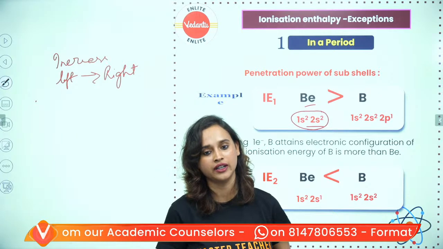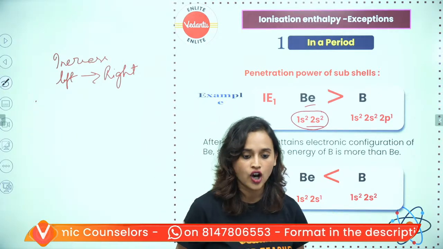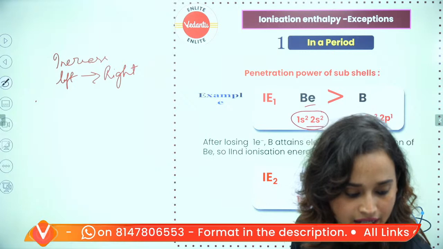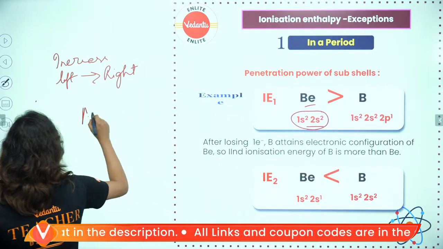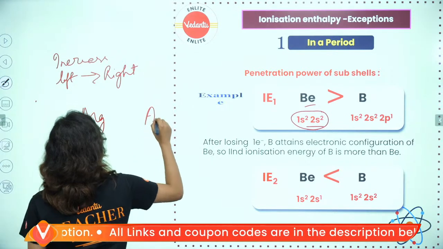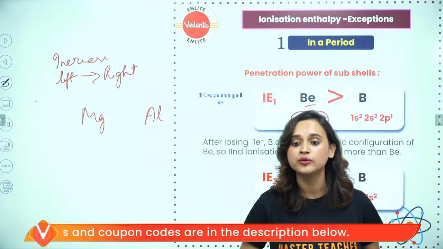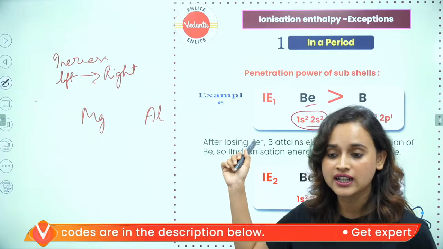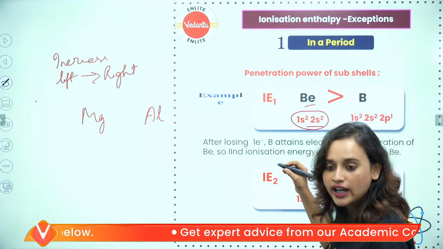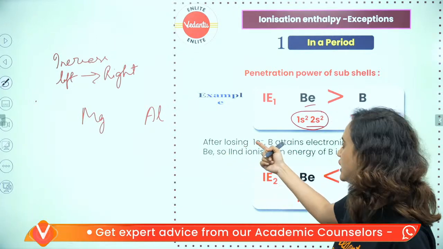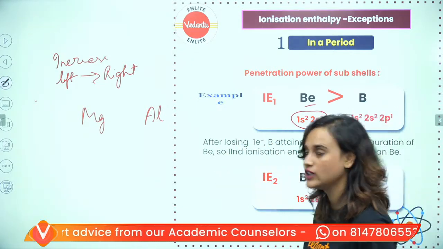Then boron would act like beryllium. Absolutely correct. And you know what? This is the same trend that you also see in the case of magnesium and aluminium. What should you actually be seeing? If I have to write the electronic configuration of magnesium, what will I write?